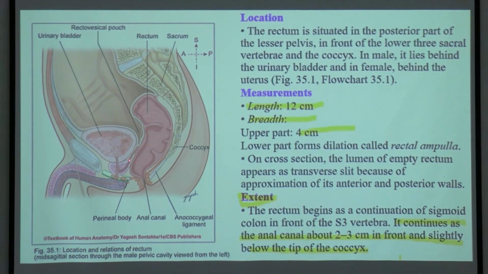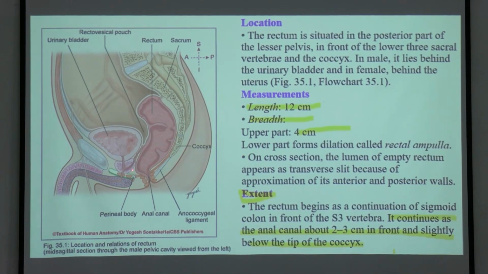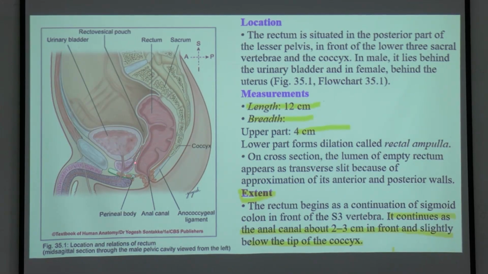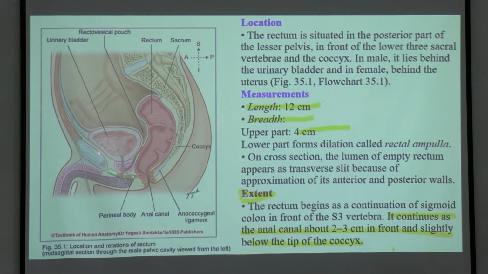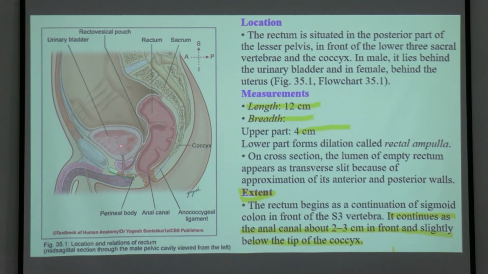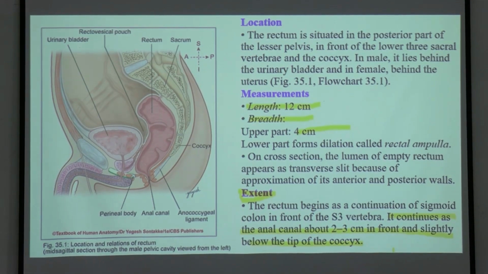And below the urinary bladder, we can get this gland. This is the prostate gland. And we can get this as seminal vesicles. So we can get all these things. That means the urinary bladder, prostate, seminal vesicles, vas deferens, all are in anterior relation to the rectum.